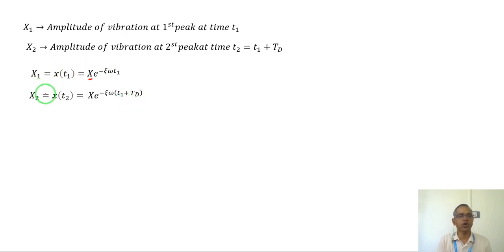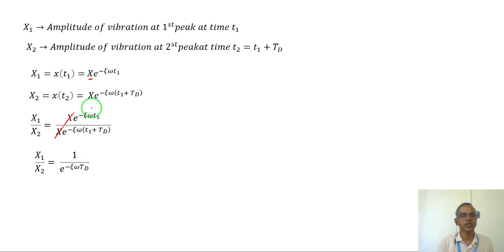If I take the ratio of x1 by x2, or x of t1 by x of t2, then X gets cancelled out. If I separate e power xi omega t1, that also cancels out. So I am left with only e power minus xi omega Td.